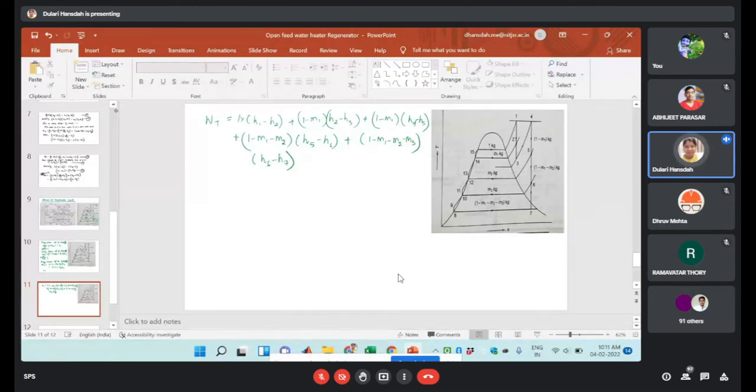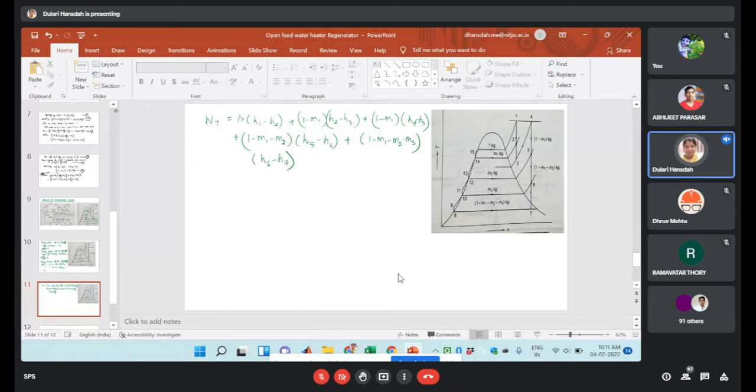So how to evaluate all these points? Suppose the pressure is given at this point. So you can get H2, okay, H14. In this case, the reheat pressure or reheat temperature is given, so according to that you have to find out the saturation pressure.